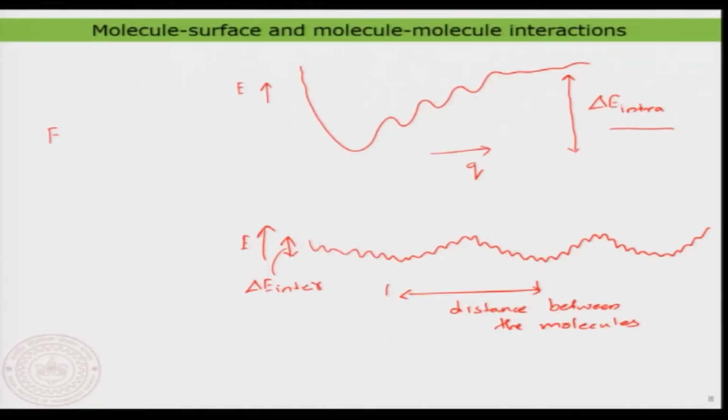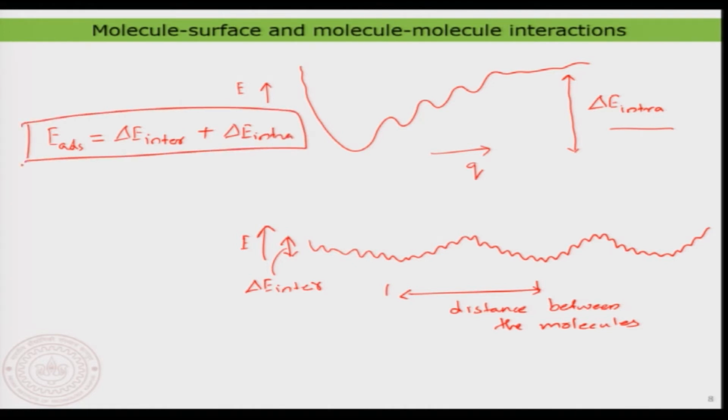In any case, the total adsorption energy would again be a sum of delta E inter plus delta E intra. That remains the same, but understanding delta E inter and delta E intra is a bit more complex, because one needs to consider more possibilities to write down the adsorption energy.